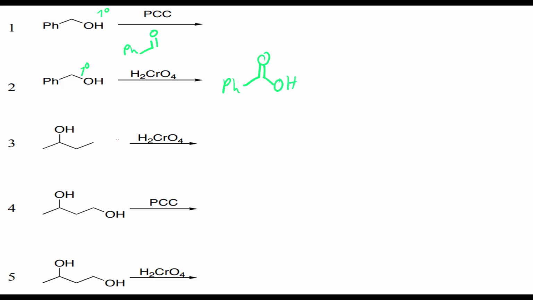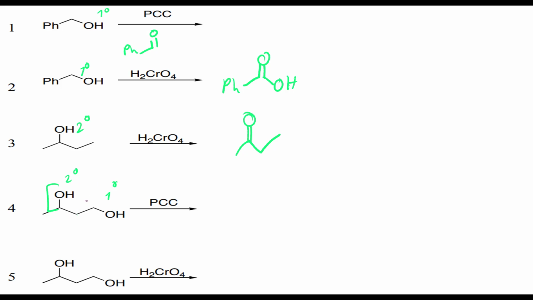So it's like this. Simple. Okay, now you're doing a secondary. And what's secondary for chromic acid? Well, you're gonna get a ketone, okay? Like that. And now you're working with PCC. Well, over here, this is a secondary alcohol, and this is gonna be a primary alcohol. So what do we do? Well, for this case, you're gonna ignore the secondary because you can't do anything with a secondary alcohol with PCC.